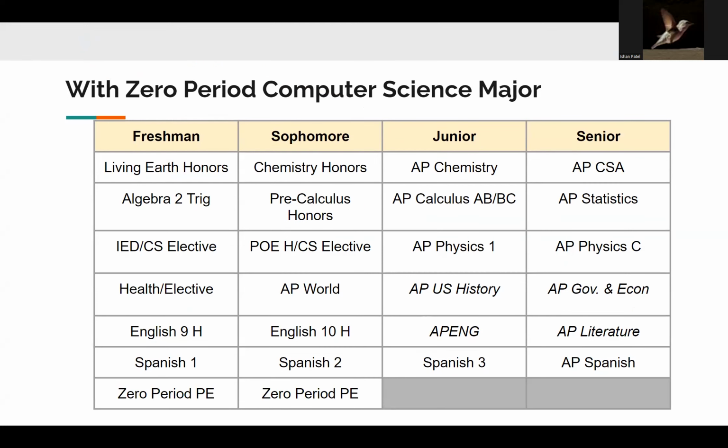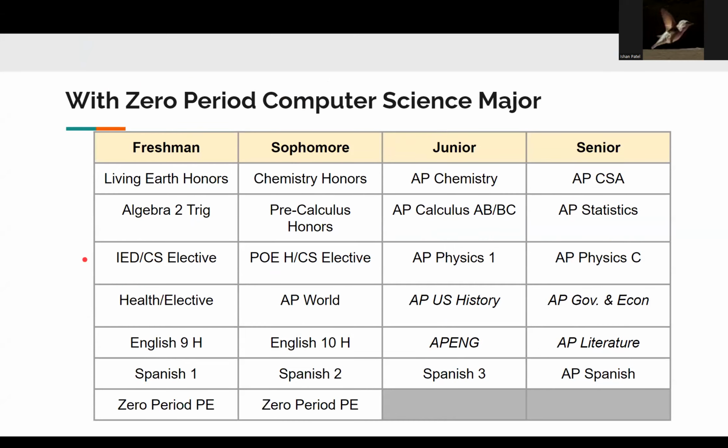Okay, and then as Preet mentioned earlier, at many schools, I believe in Fremont Unified, I don't think there's a zero period option, but maybe some schools do outside of the Fremont Unified School District. In that case, you would be able to complete PE in your zero period because you are required to do 2 years of PE for Fremont Unified.